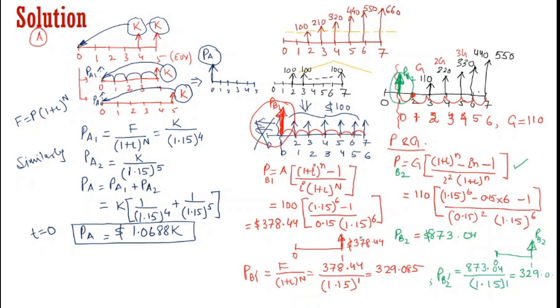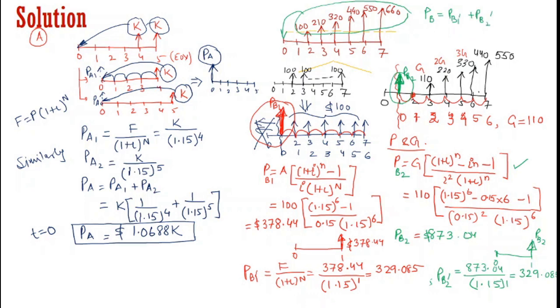So this comes out to be 329.085. Fine. So now for this cash flow, if I am interested in finding the equivalent worth of all these transactions at this point of time, I call this PB. So PB will be equal to PB1 dash plus PB2 dash, because they are at the same time, so arithmetically we can add them.